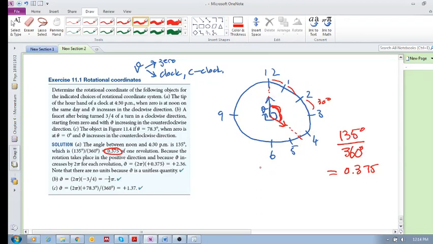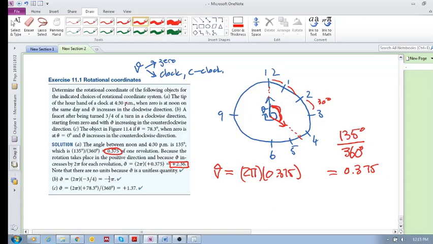But the way that we calculate our rotational coordinate is we multiply 2 pi, which is an entire revolution, by this fraction of a revolution. And this is what we get there: plus 2.36. The plus is because it moved in the positive direction, and 2.36 is now the value of our rotational coordinate.